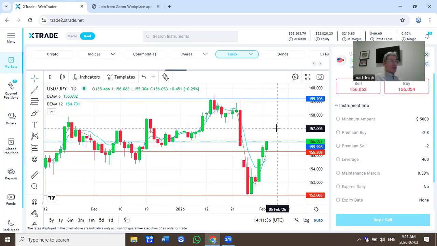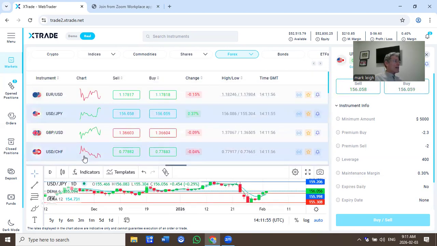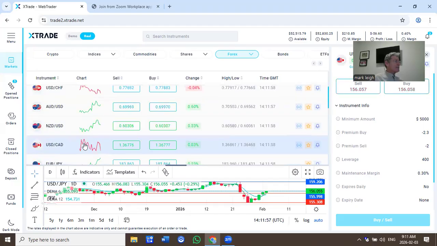If we see continued demand for US dollar and US dollar strengthening against the yen, any kind of turnaround from strong to weak US dollar would see sellers look to bounce down off this level and looking back down at the 155.30 support level.